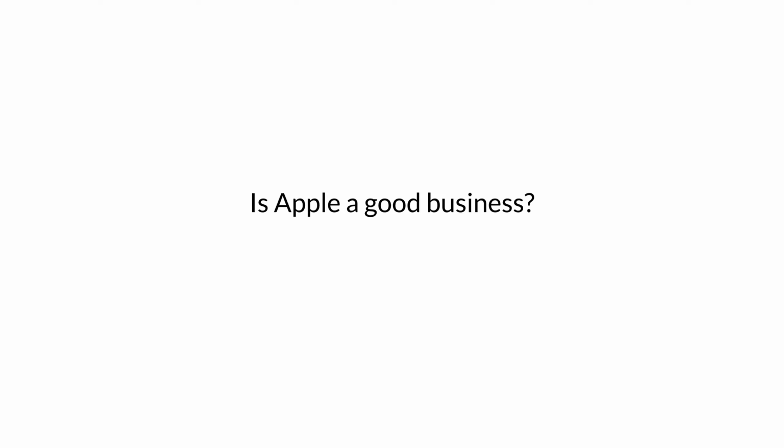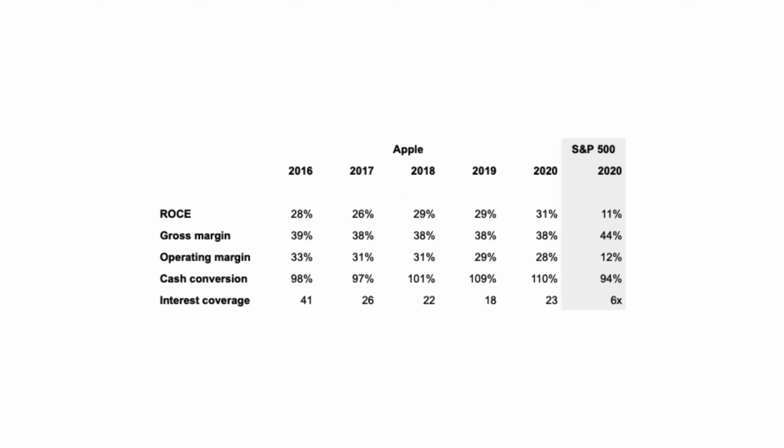Okay, so let's look at the numbers. There are 5 things that I'm looking at over the last 5 years for Apple, and I'm comparing Apple with the S&P 500, excluding all the financial stocks. Which means I'm excluding banks like Wells Fargo, JP Morgan, or anything to do with lending businesses from these 500 companies, so that it's an apples to apples comparison.